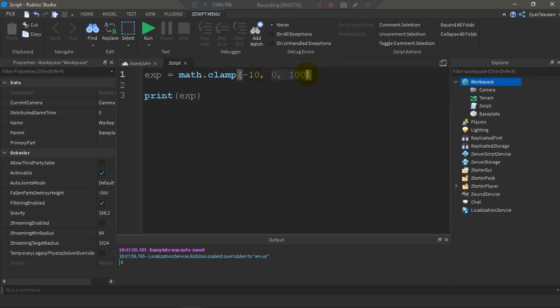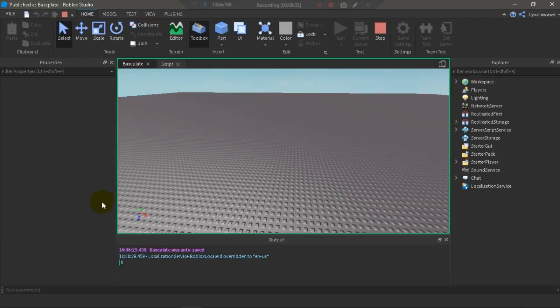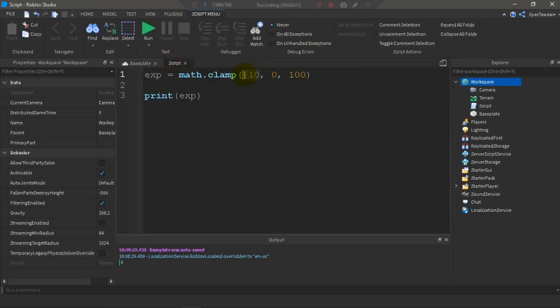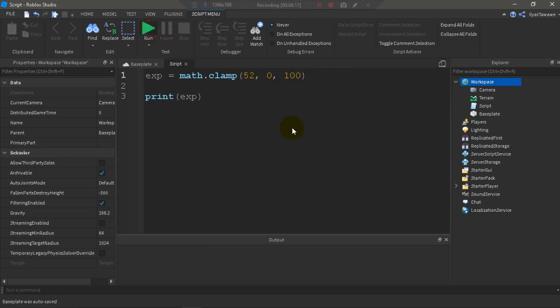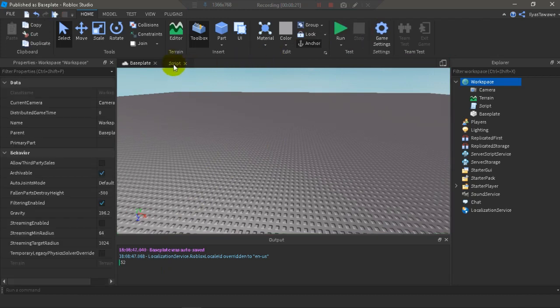We aren't between 0 and 100, so we should get the nearest value possible, so it's 0, as you see. Cool. Now what about 52? 52 is in range of the minimum and maximum, so normally it should just print out as it is. Cool.